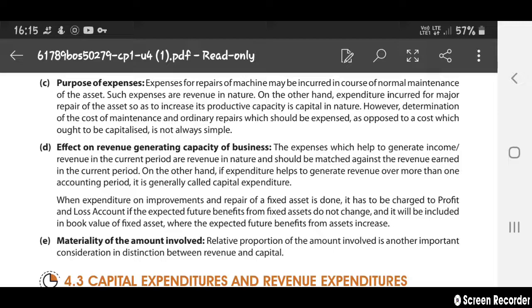But if you do repair work to increase the production capacity, then it is called capital.